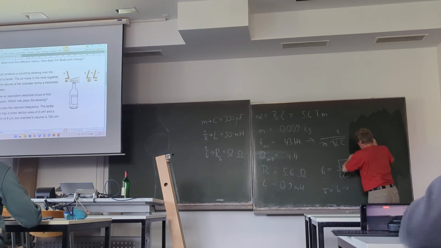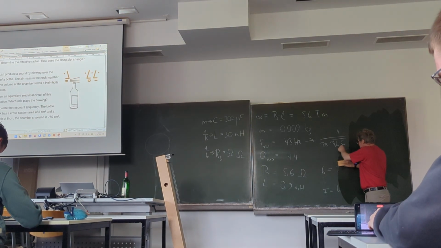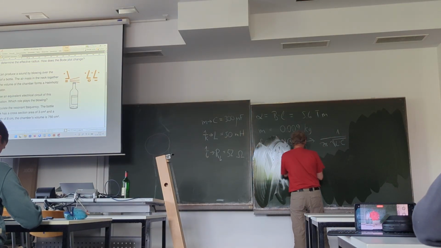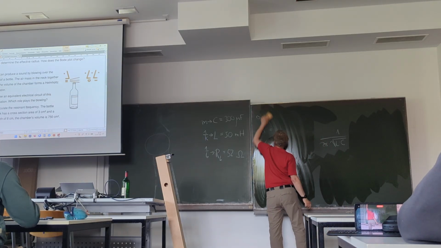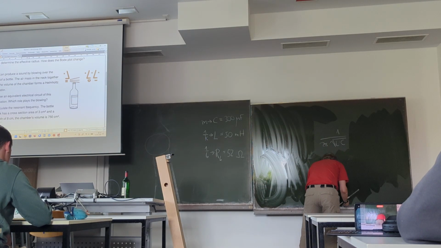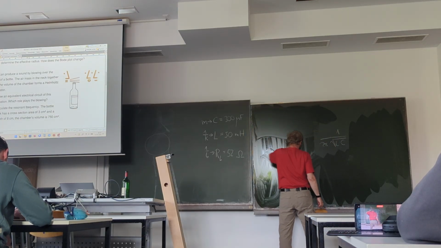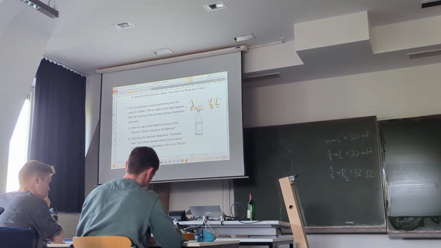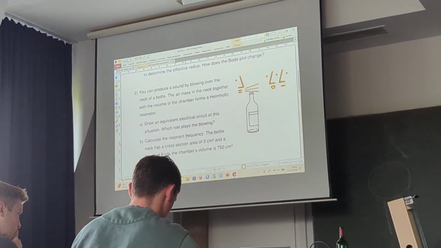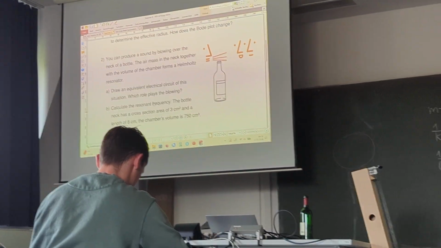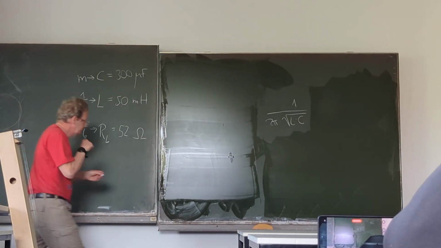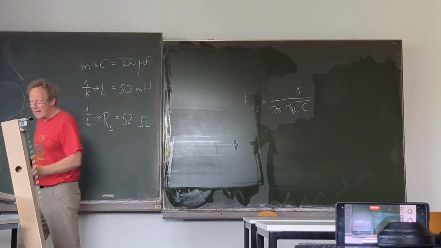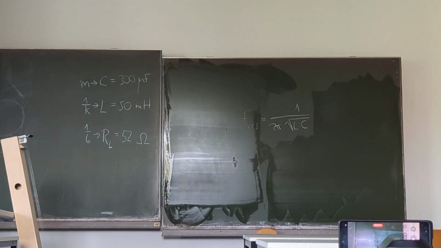This is the resonant frequency if we have model values for an L and a C. But we need an L and we need C. And what is the formula?